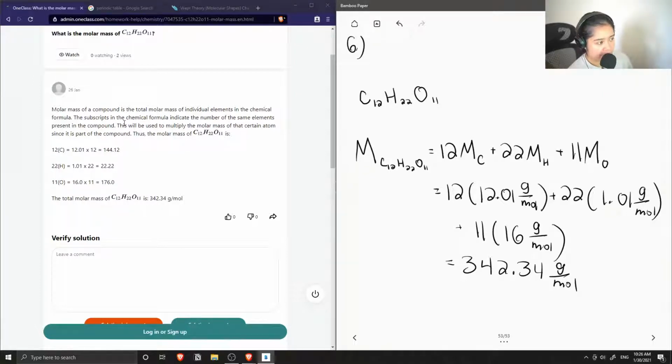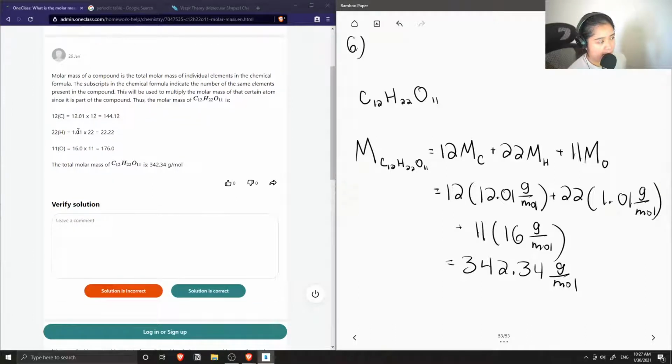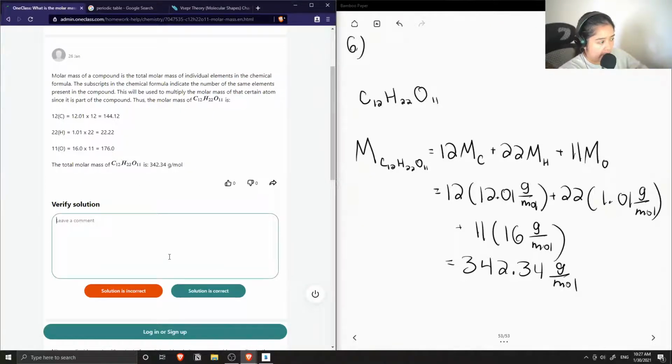The subscripts in the chemical formula indicate the number of the same elements present in the compound. This will be used to multiply the molar mass of that certain atom since it is part of the compound. Thus, the molar mass is 342.34. So this solution is correct.